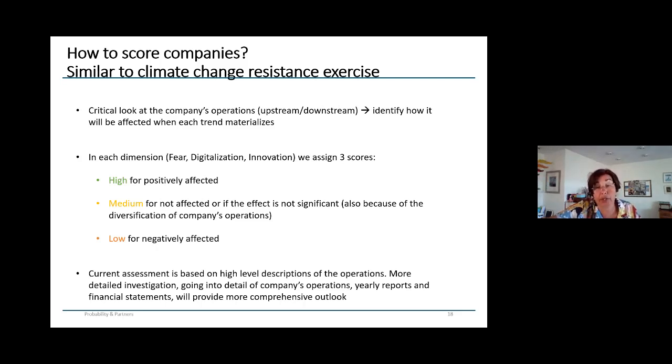So this kind of approach is already used in that kind of analysis, so climate change related analysis. And this is also the kind of philosophy that is possible to apply here.